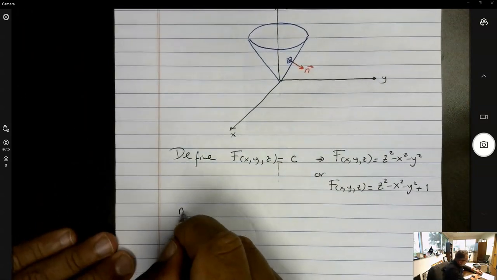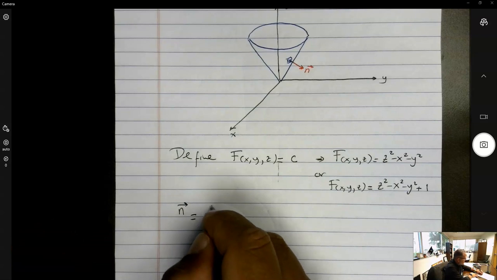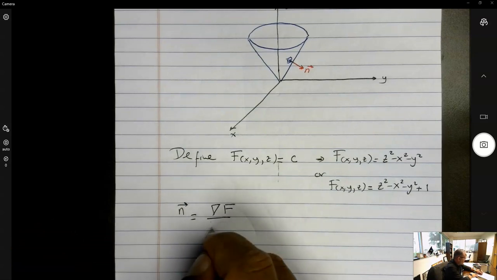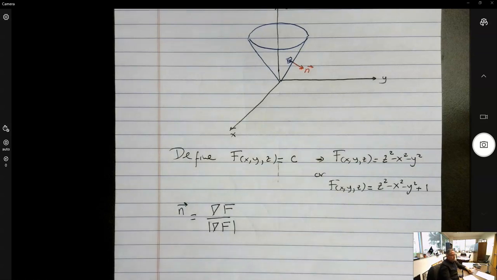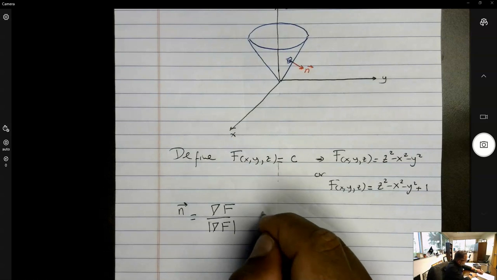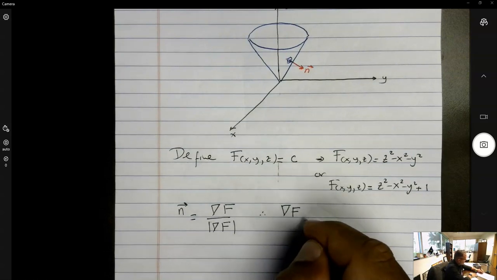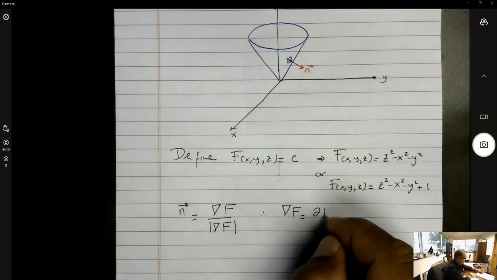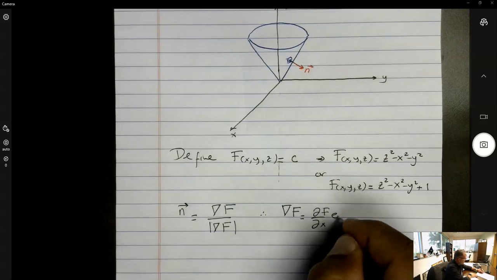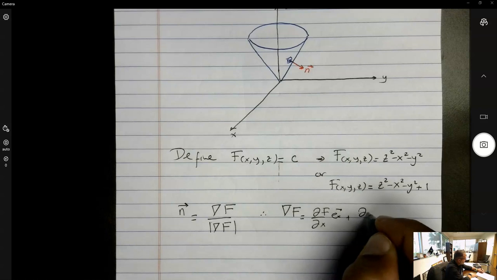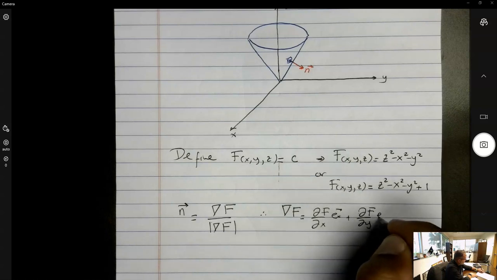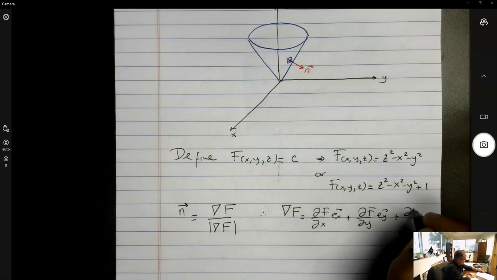So the normal vector to the surface should be the gradient of the level curves divided by the magnitude of the gradient of the level curve, such that the gradient of f, remember, is equal to df/dx in the x direction plus df/dy in the y direction plus df/dz in the z direction.